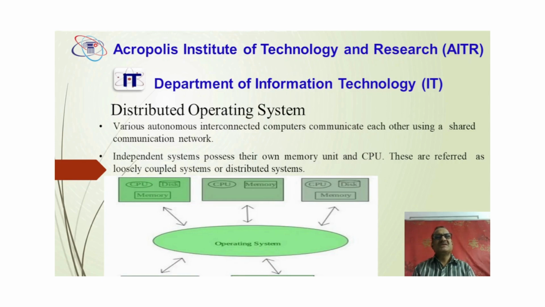Basically, when a communication network is used, this type of operating system is used. Various autonomous interconnected computers communicate with each other using a shared communication network. Independent systems have their own memory unit and CPU. These are referred to as loosely coupled distributed systems.